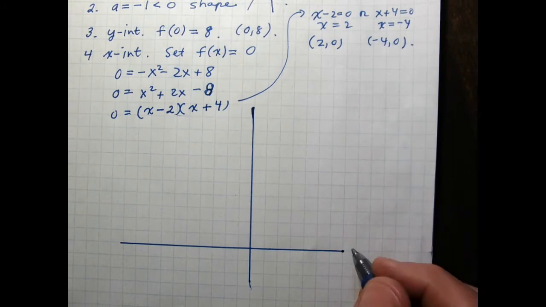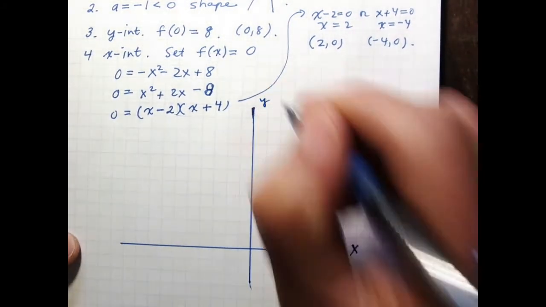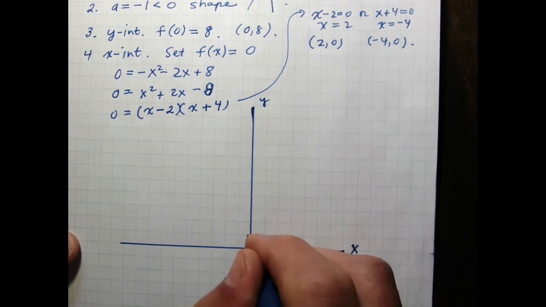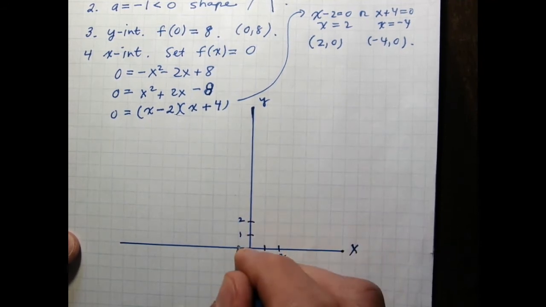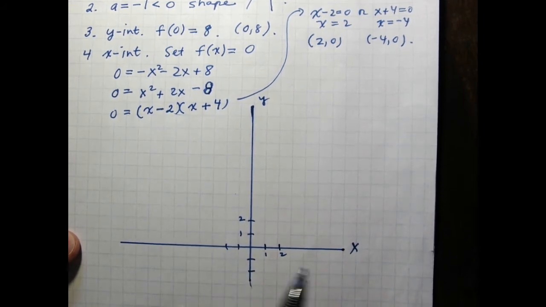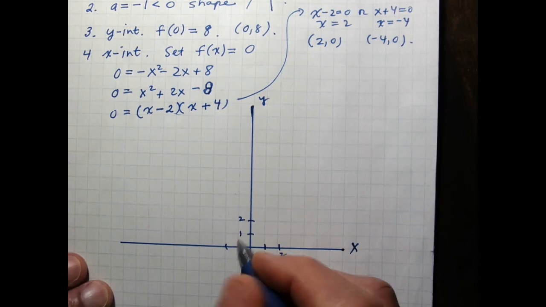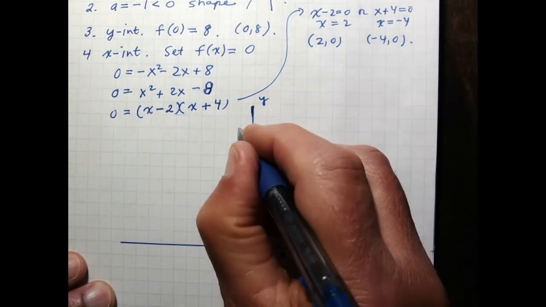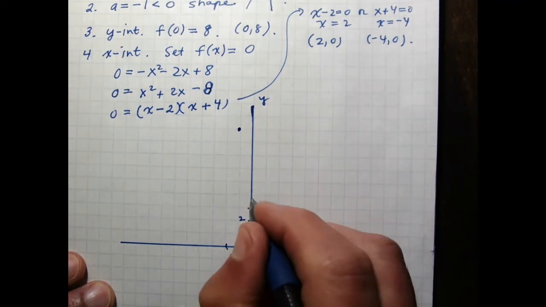I think it works out just fine to do that. So this is 1, 2, 1, 2, just to indicate the scale. Okay, vertex is -1, then 1, 2, 3, 4, 5, 6, 7, 8, 9 up here.